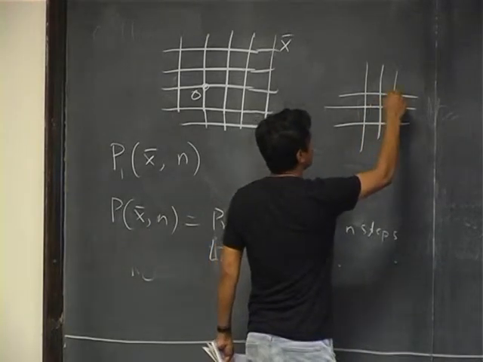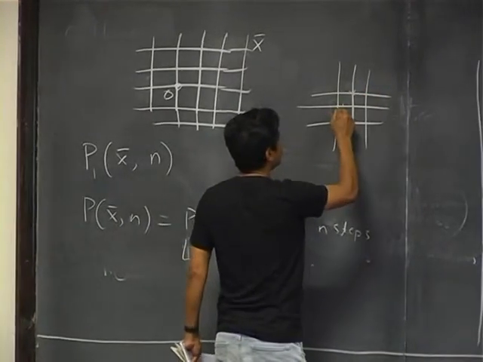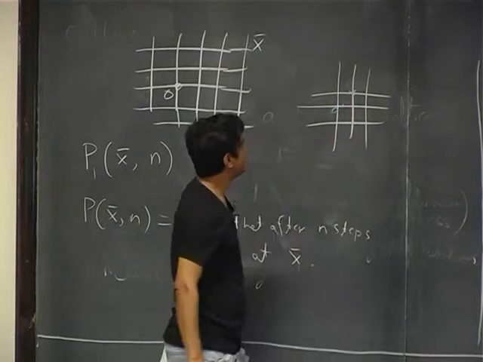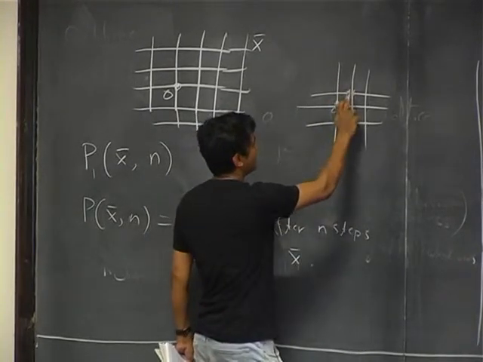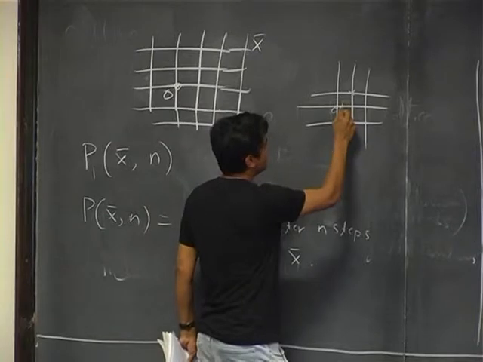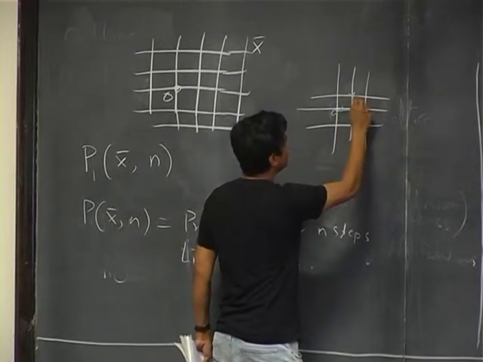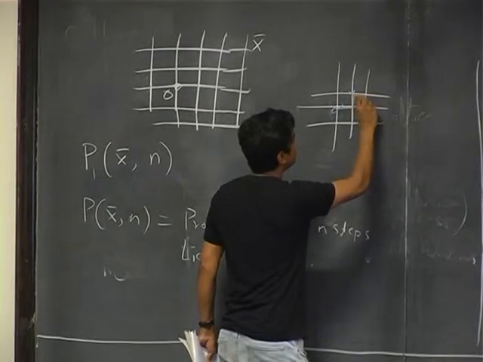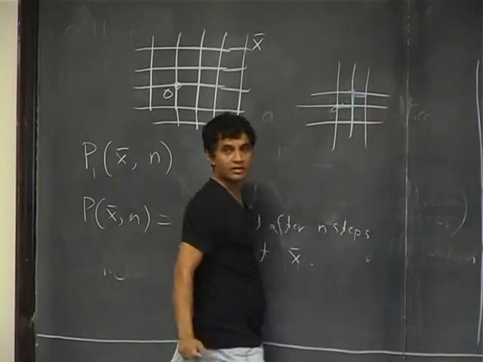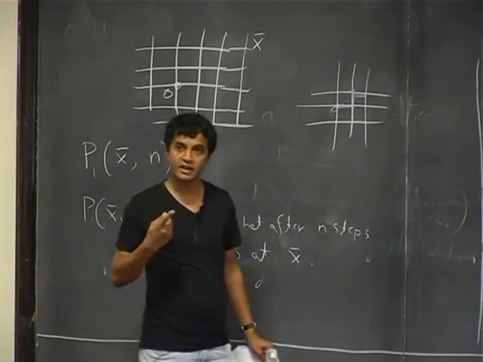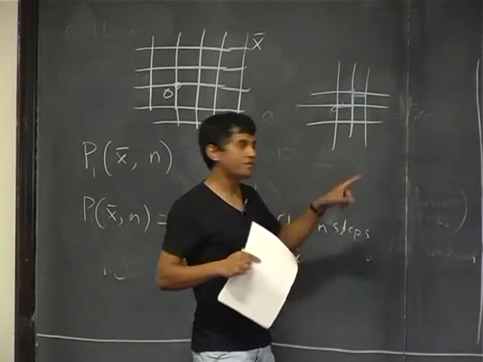Supposing I ask what is the probability, with this being the origin, that after 4 steps I am here? This is step number 1, step number 2, step number 3, step number 4. So this is one realization in which at the end of 4 steps I'm here.